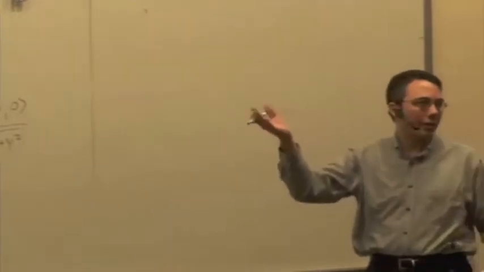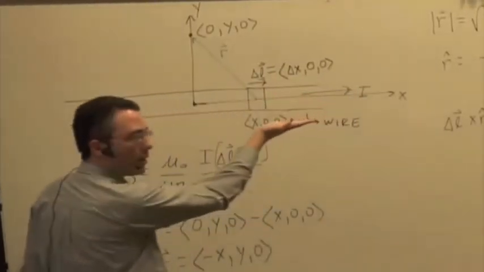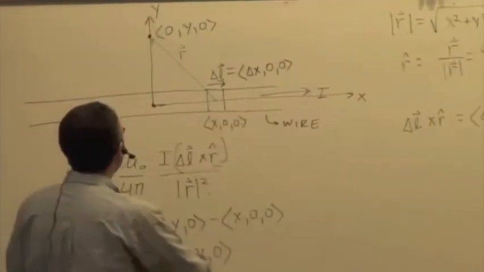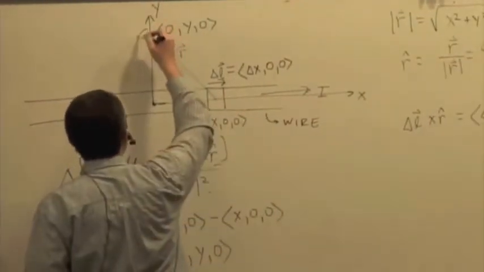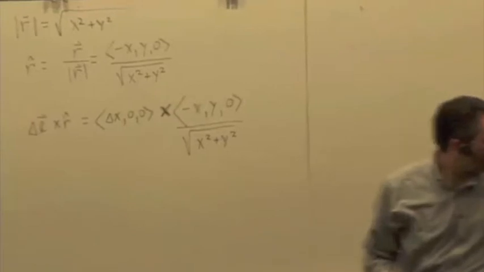And already we know what the direction is going to be. Before we even work this out, the direction is going to be what? Out of the board, right? Right-hand rule. Fingers in the direction of delta L. Curl them towards r hat. Thumb points out. So we know that we're just going to get a z component, and that delta B is pointing out.